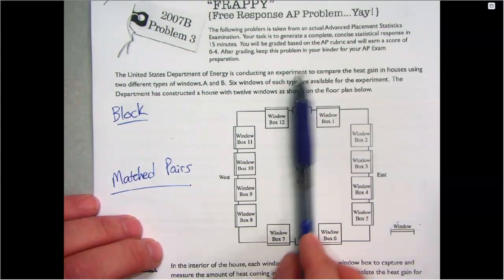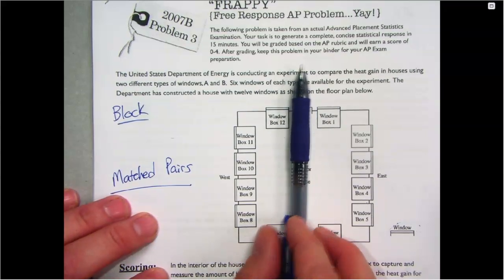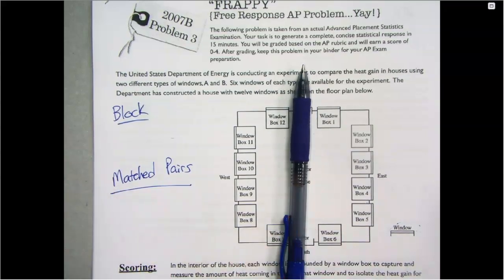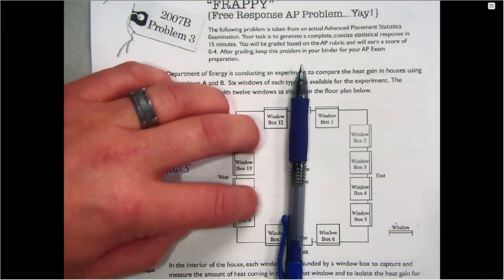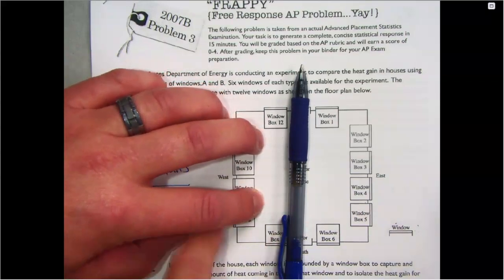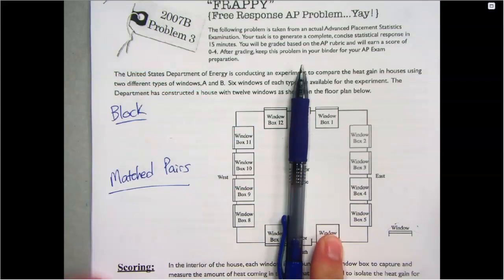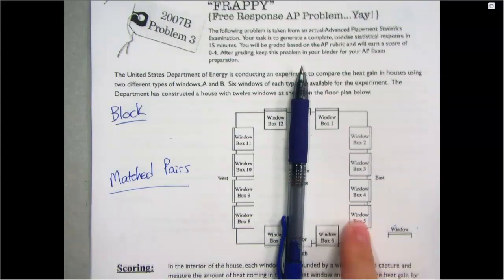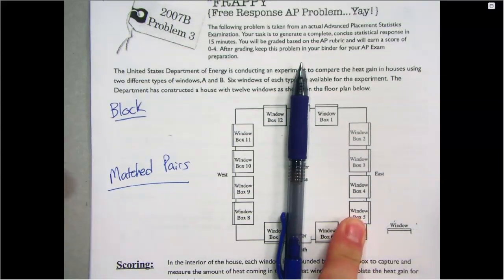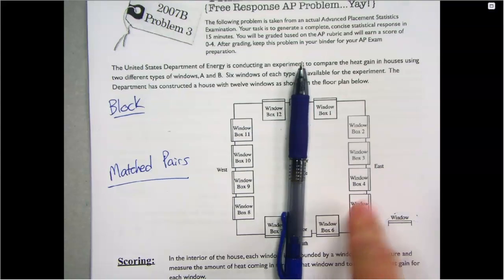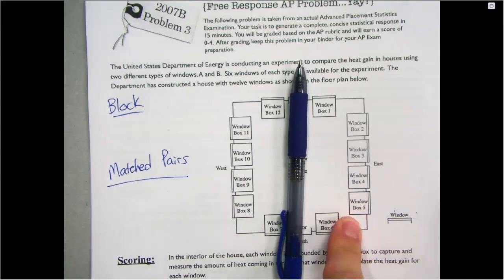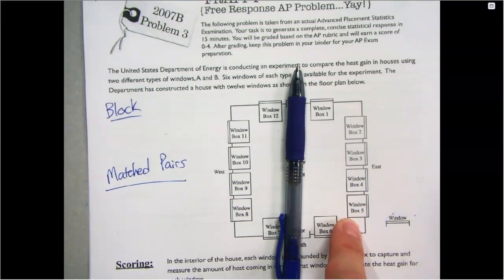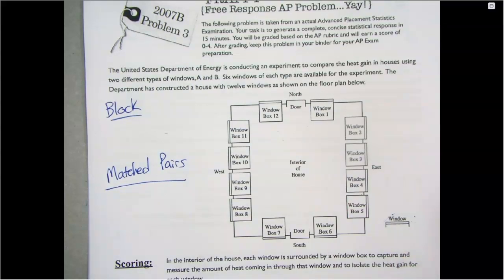So if I did completely random, and these 6 over here get window type A, the ones away from the window, and these 6 over here window type B, the ones by the window, and then it turns out these are better, I don't know why, right? I don't know if it's because they were over there or because of the window type. I don't know if you know what I'm saying or not. Okay. So we have to consider the direction that the window is facing.